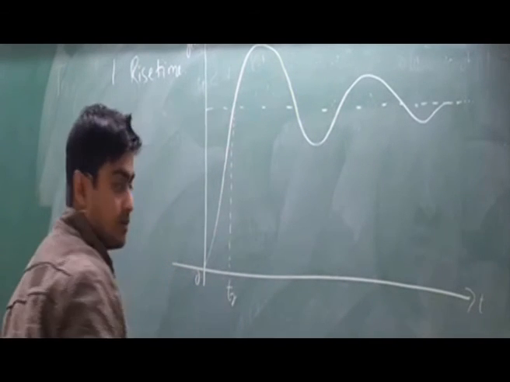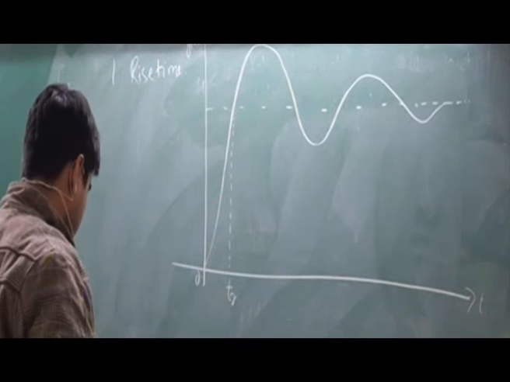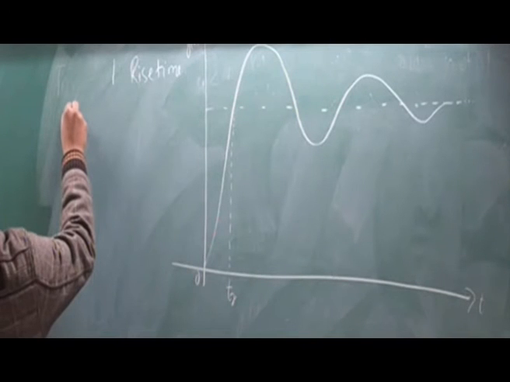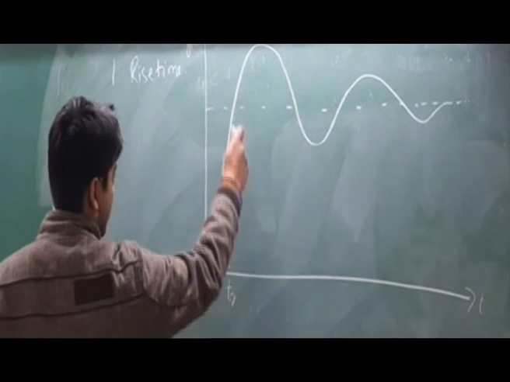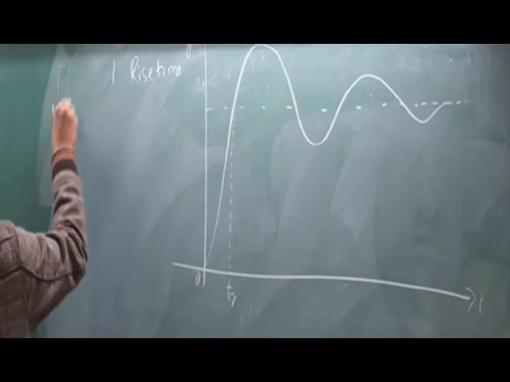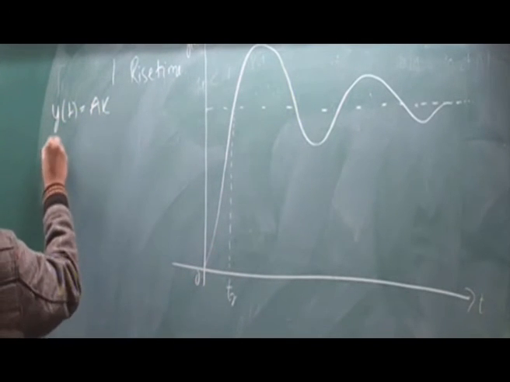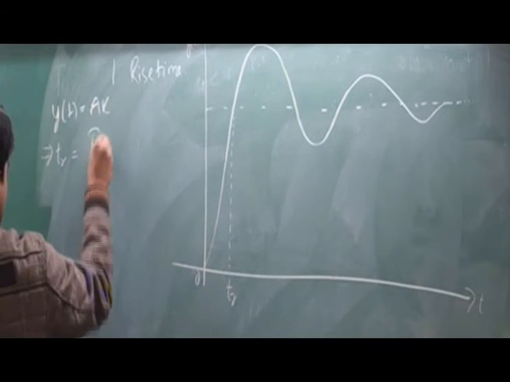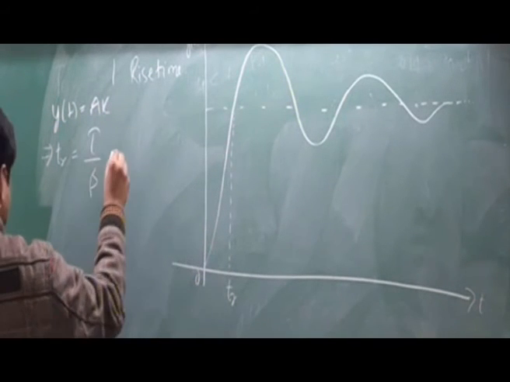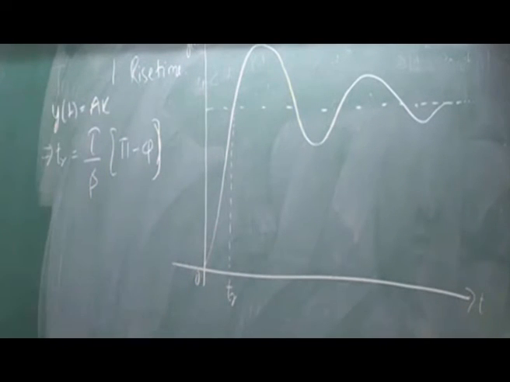This is the rise time tr. Okay. And this is given by, so if you want to compute tr, you need to put in the equation y(t) is equal to AK, and after the computation you would get tr, this one. Okay.